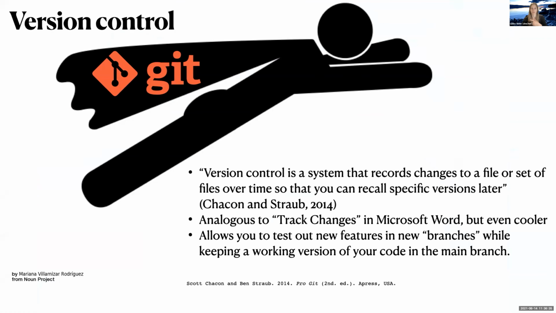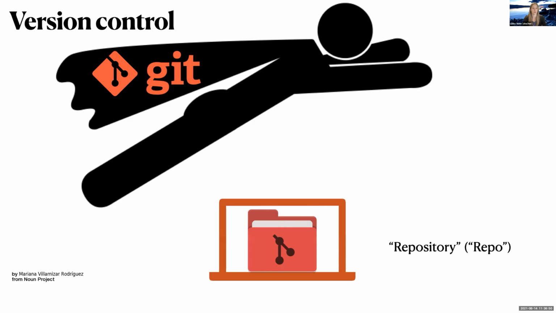So for example, with version control, you can create new branches where you can test out new features while keeping a working version of your code in a separate branch. And one of the more popular version control systems is called Git, and I'll focus on that today. So when you use Git, you create this thing called a repository, or a repo for short.